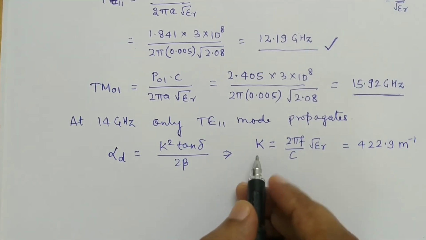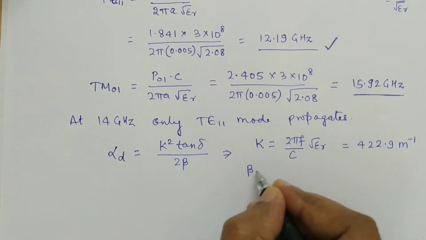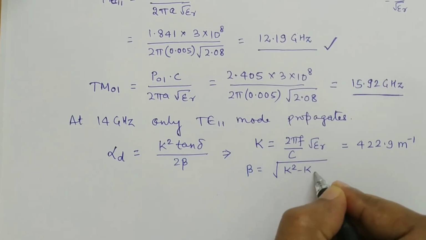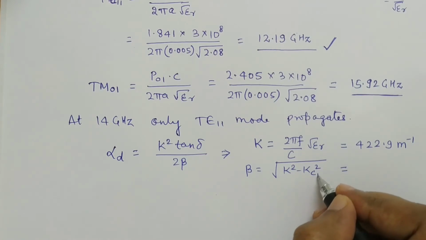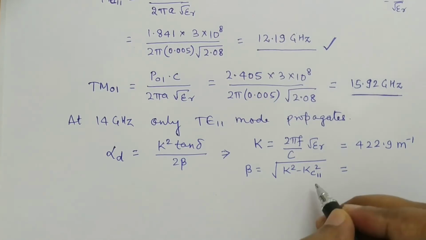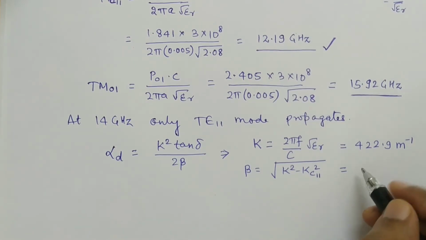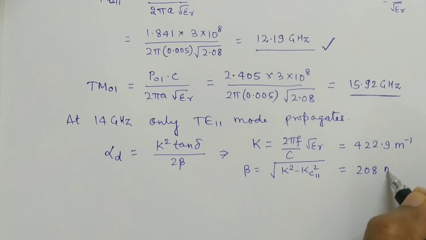This is the wave number. Similarly, you can calculate beta. Beta is the square root of K square minus Kc square, where Kc we have to calculate for the TE11 mode. Put the value accordingly and you will get 208 per meter.